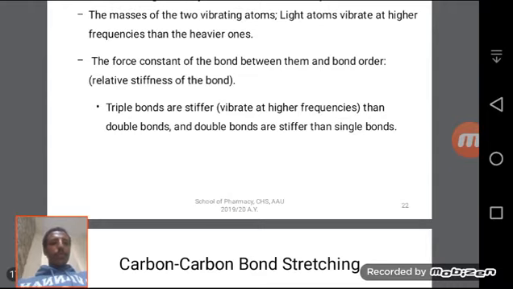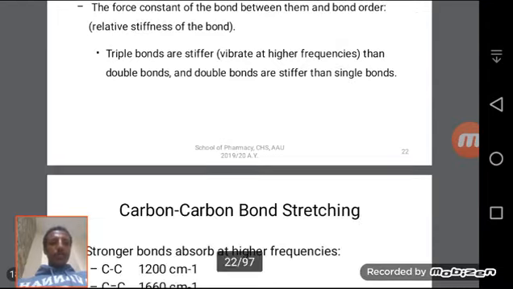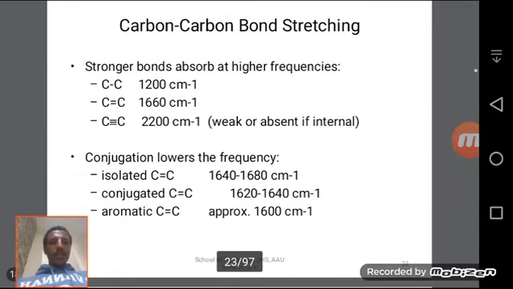As a result, there is an increase in the frequency of vibration of stiffer atoms or bonds. Stronger bonds absorb at higher frequencies, as we see in this slide.